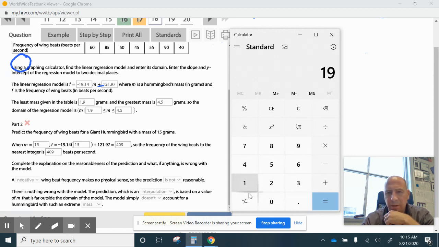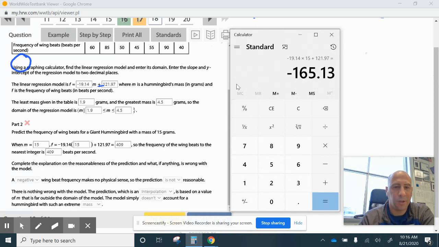Negative 19.14 times 15 plus 121.97. Oh, apparently, no, I guess I was wrong. So that should be the number that goes in there. I don't know how they correctly typed that in, but there you go. So lesson learned, I should have double checked my math before I submitted, but you can correct that. All right, nonetheless, let's move on to the next question.